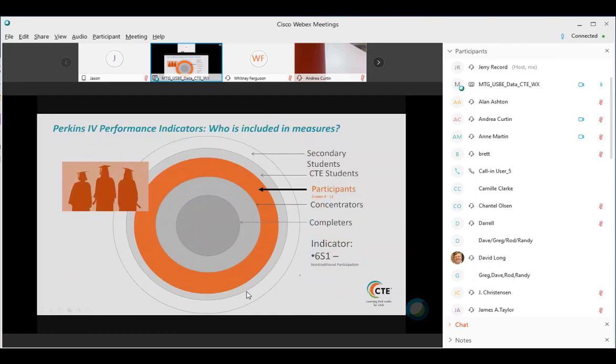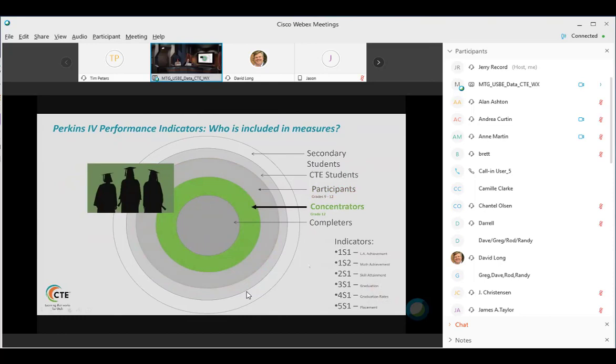This slide shows who is measured in these performance indicators. So participants are basically all CTE students. Rarely would you find a CTE student who doesn't have at least 0.5 credits. And that's all grades 9 through 12. Our non-traditional participation is the only indicator that uses this measure.